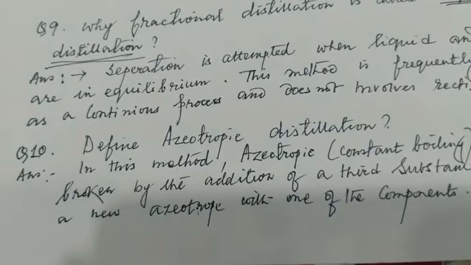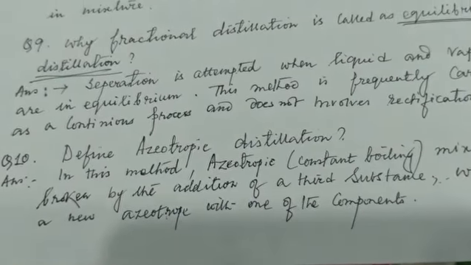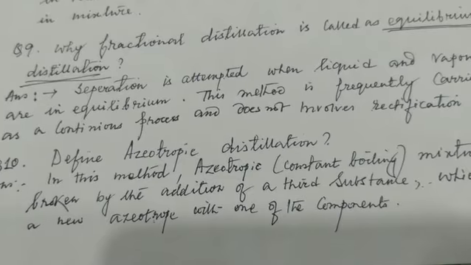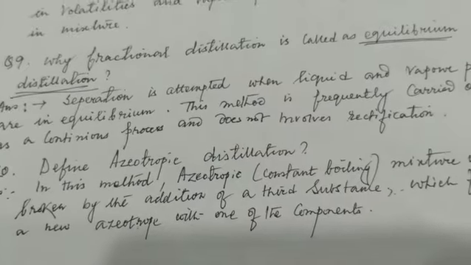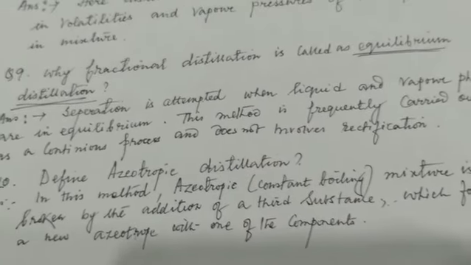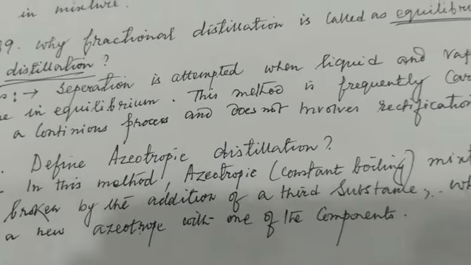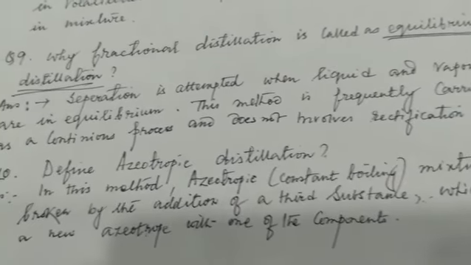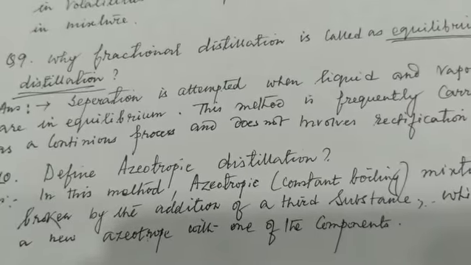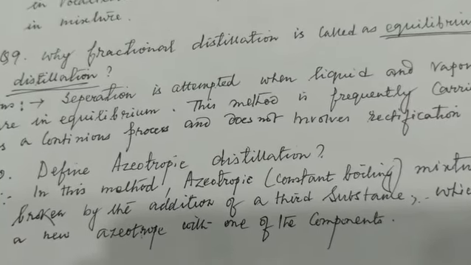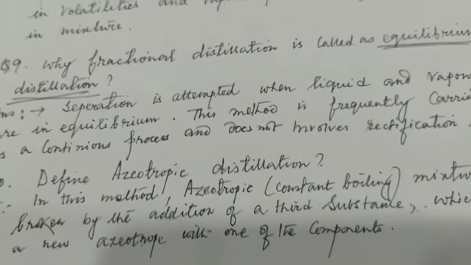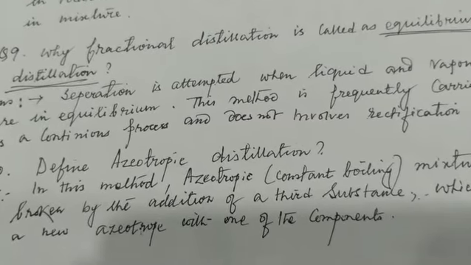Okay. Another important question, number 10. Define azeotropic distillation. In this method, the azeotrope, that is the constant boiling mixture, is broken by the addition of a third substance, with which a new azeotrope is formed with one of the components.